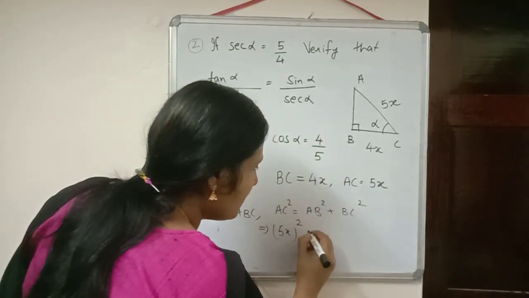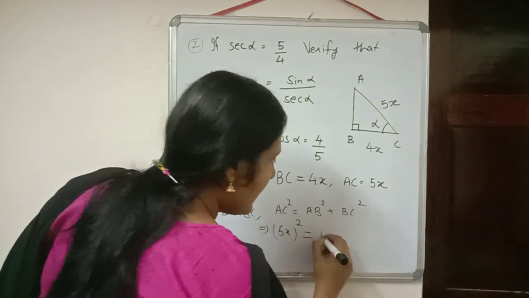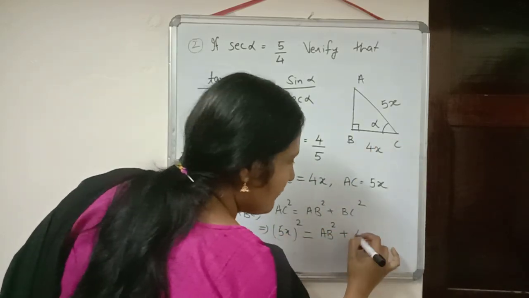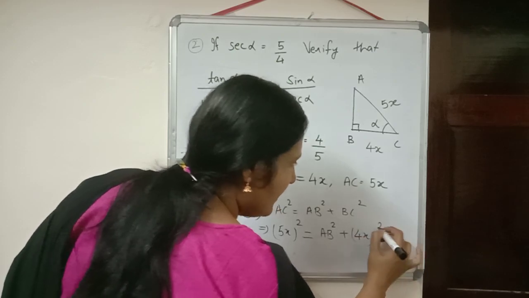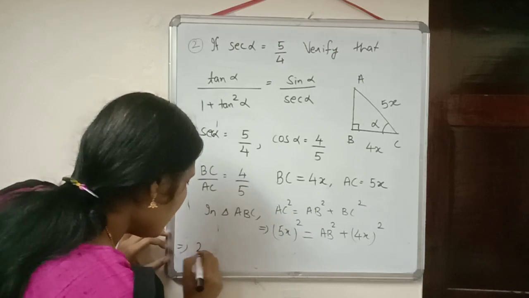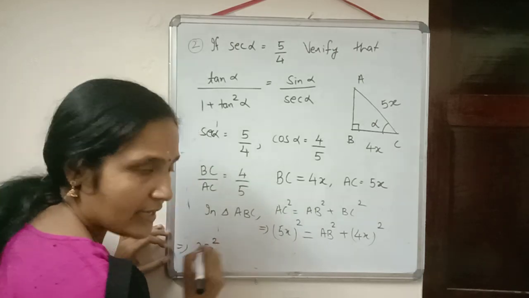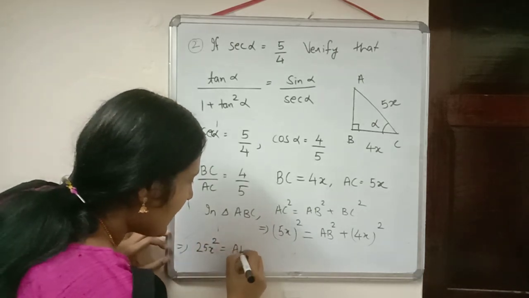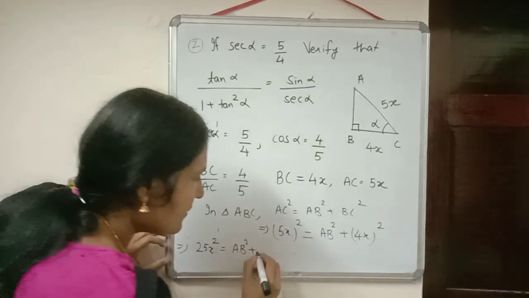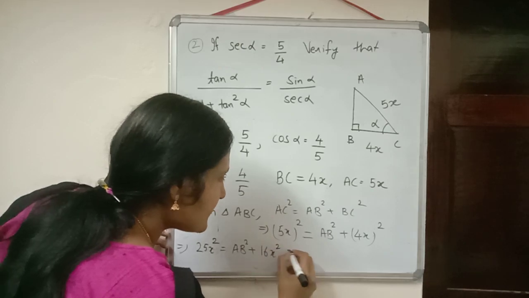So 5x the whole square is equal to AB square we have to calculate, plus BC square will be equal to 4x the whole square. 5x the whole square will be equal to 25x square, equal to AB square plus 4x the whole square will be equal to 16x square.